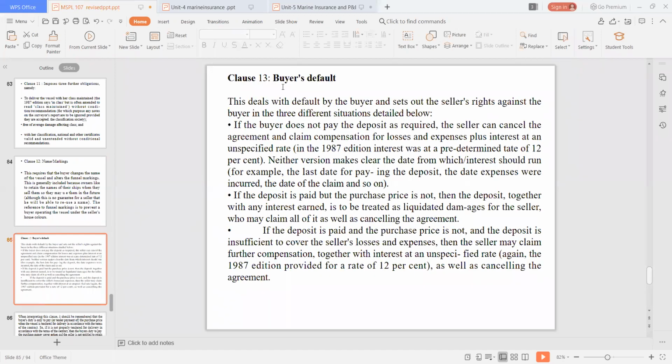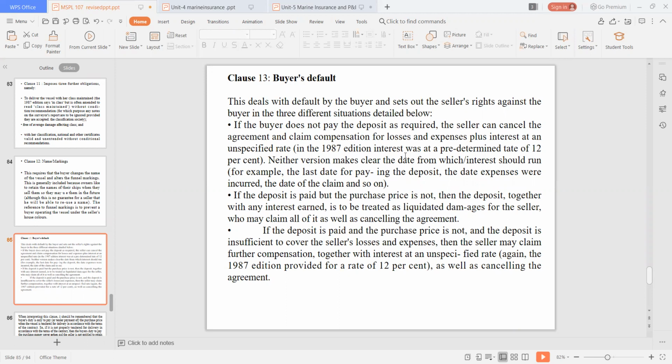Buyer's default, clause 13. This deals with the default by the buyer and sets out the seller's rights against the buyers in 3 different situations detailed below. What are the 3 buyer's defaults? First one, if the buyer does not pay the deposit as required, the seller can cancel the agreement and claim compensation for losses and expense plus interest at an unspecified rate.